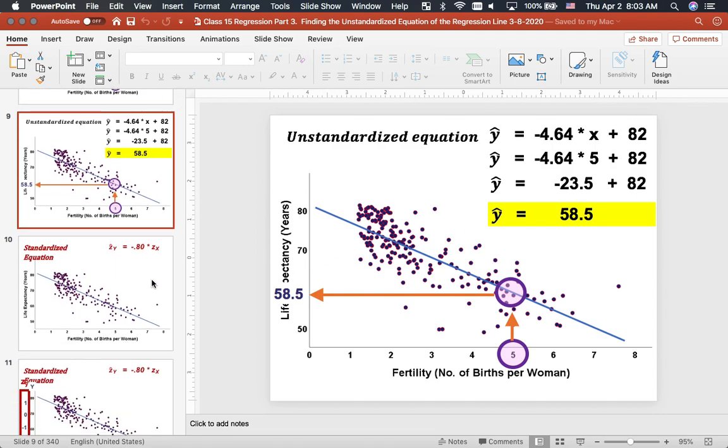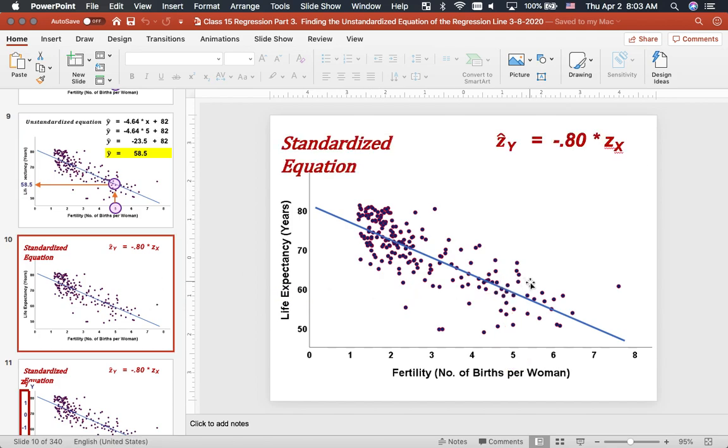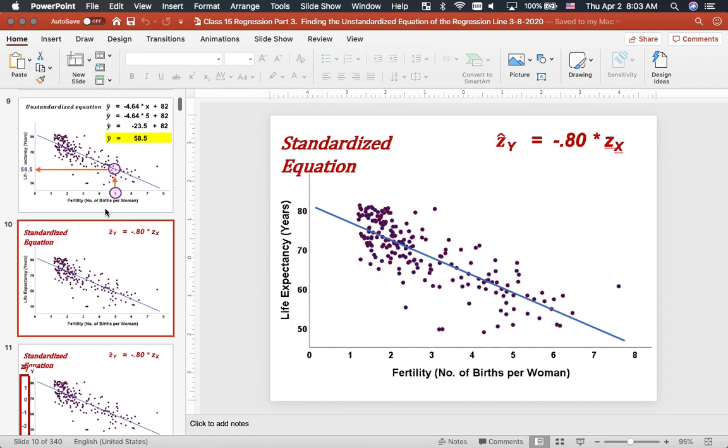Okay, so let's say we turn that into the standardized equation. So the standardized equation, as you all know, does not have a y-intercept because it's 0, because it's standardized. So if you look at the equation right here, we have just the slope, we have the z of x, and we have z hat of y.